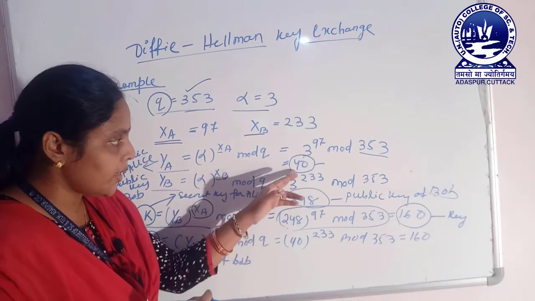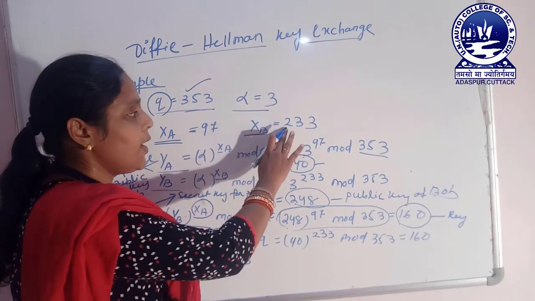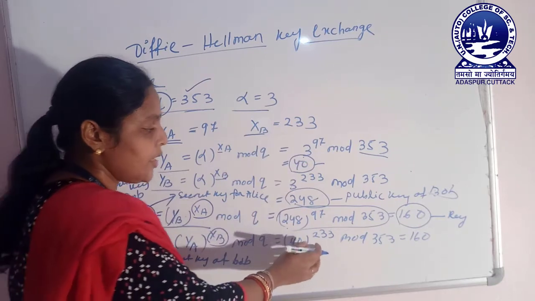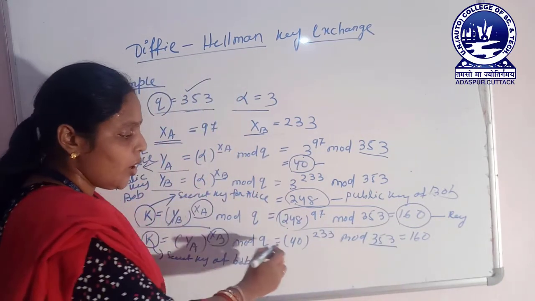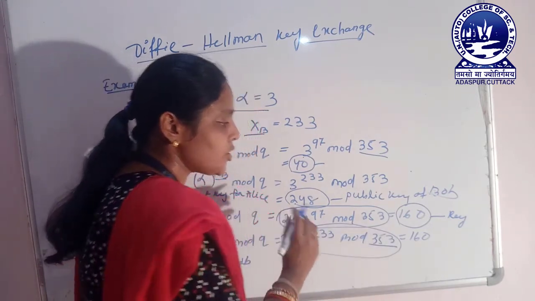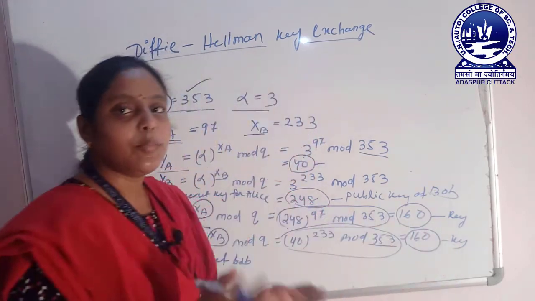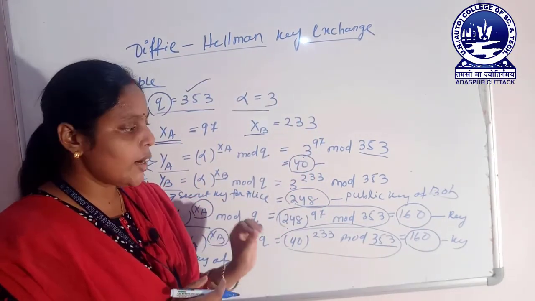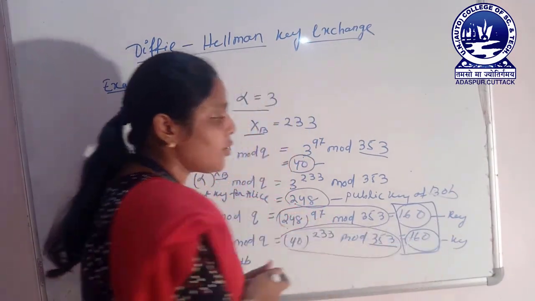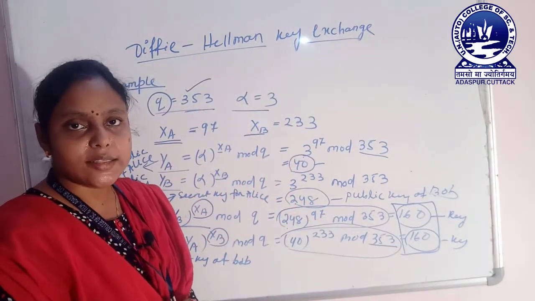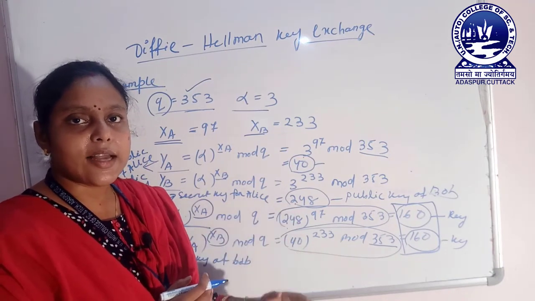YA value is 40, 40 to the power 233, that is the value of XB, then mod 353, which is the value of Q. When you calculate this value, you must get the result 160, which is the secret key for Bob. Now look at here. The secret key of Alice and Bob is equal, which is 160. That is the secret key for Alice and Bob.